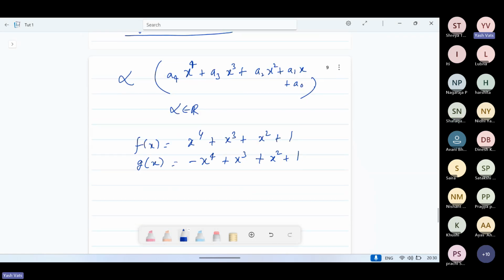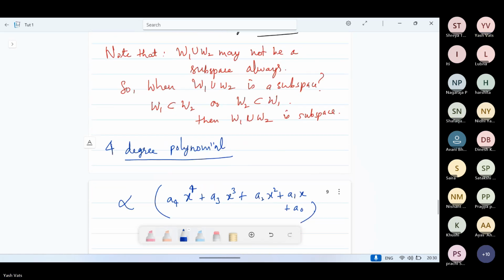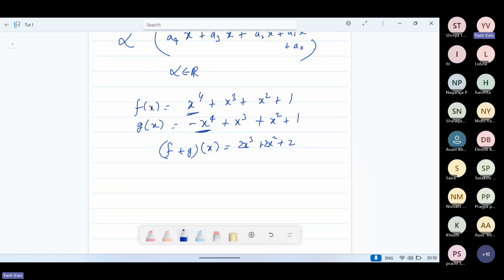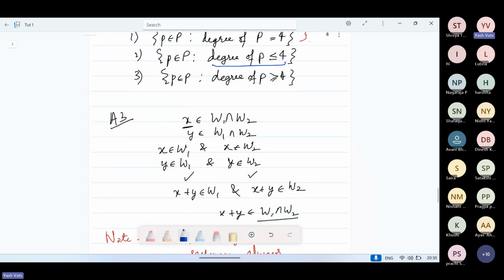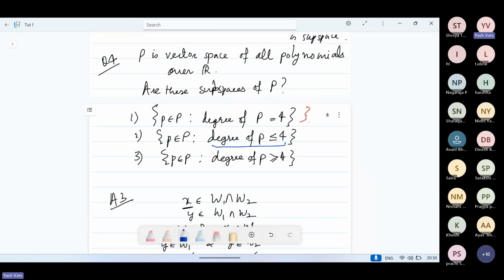Then if you sum them, it's just x cube. So this thing has gone, right? So it is not satisfying the first property. So how do you say that this first one is a subspace? First one may not be a subspace because it is not satisfying the first property.